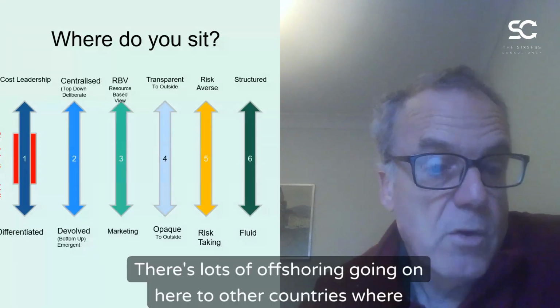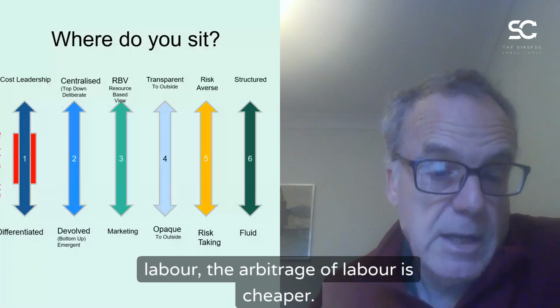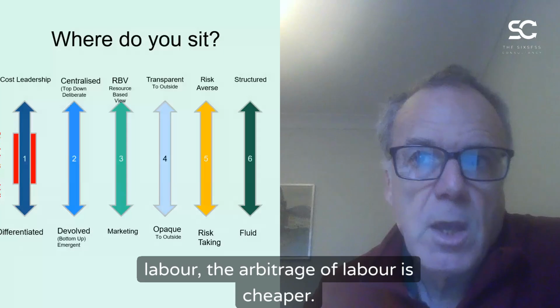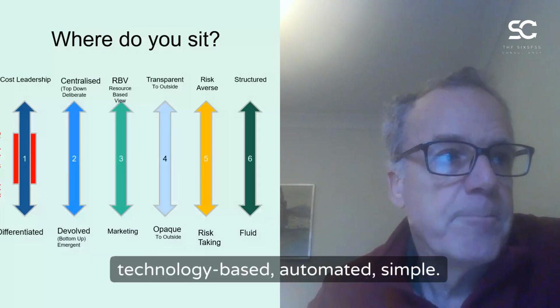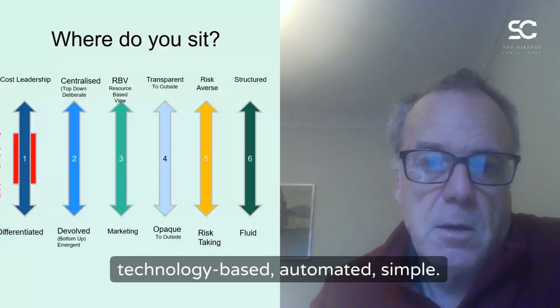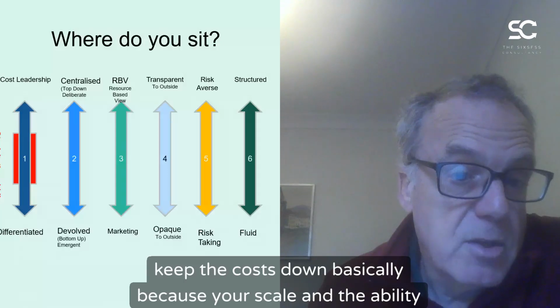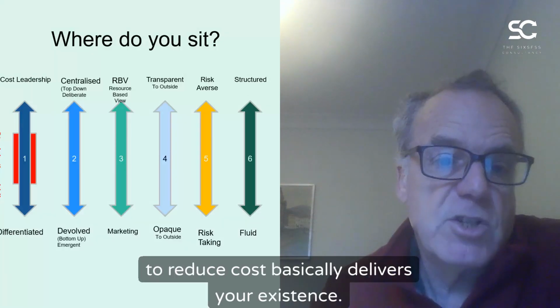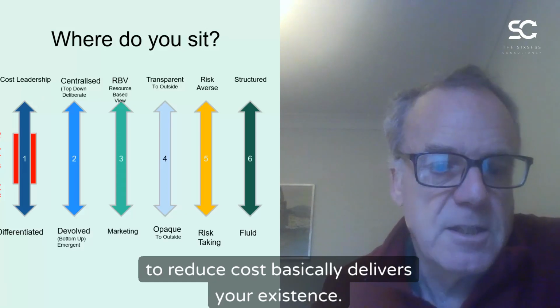There's lots of offshoring going on here to other countries where the arbitrage of labor is cheaper. Lots of outsourcing. So it's very process orientated, technology based, automated, simple. Keep costs down, basically, because your scale and the ability to reduce cost basically delivers your existence.